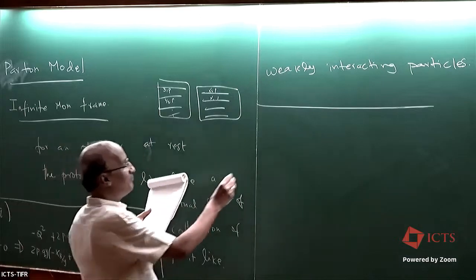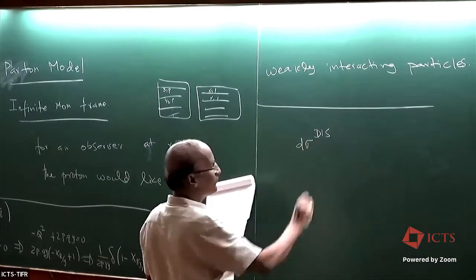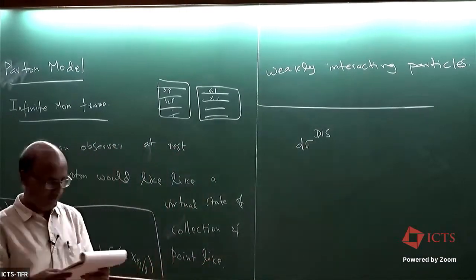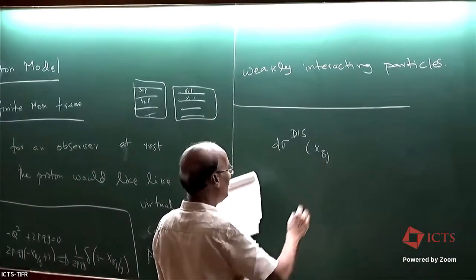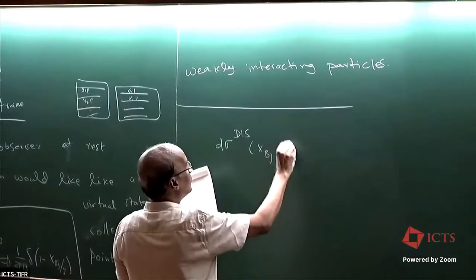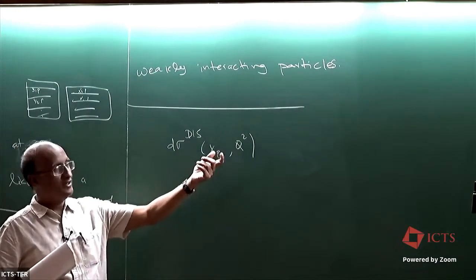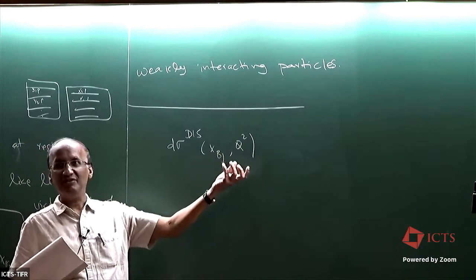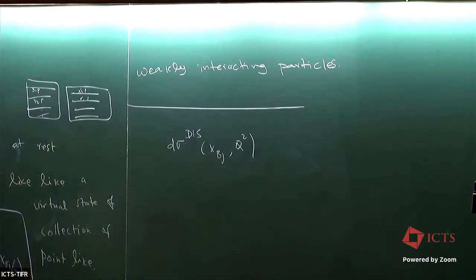So let's write down the formula. Let me just generalize this, make it more accessible to other processes too. So I switched from P dot Q and q square to xpj and q square, because these two independent invariants I can always write in terms of another two independent invariants.